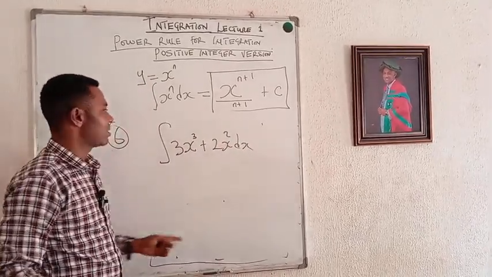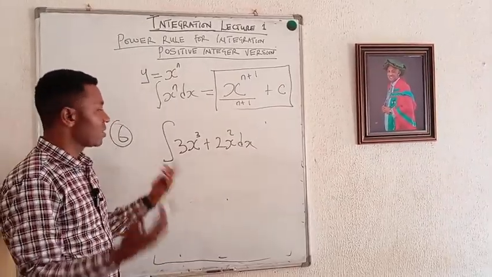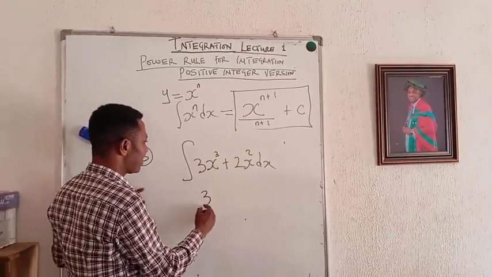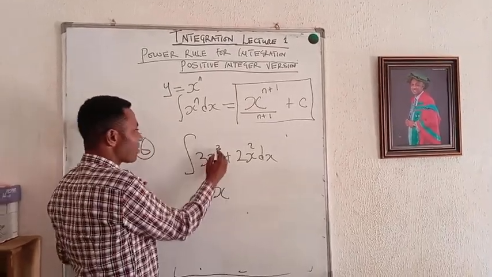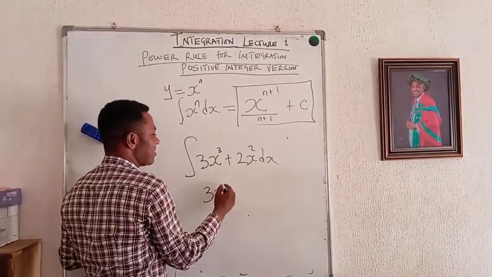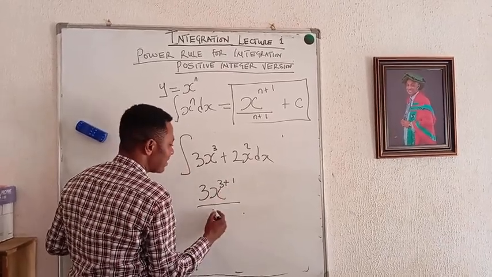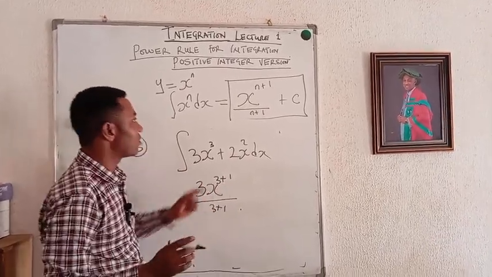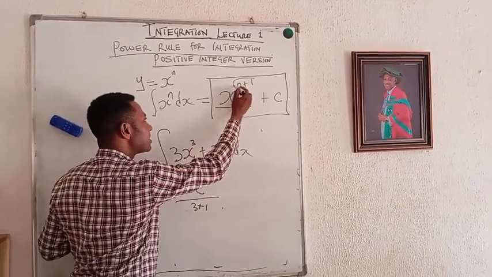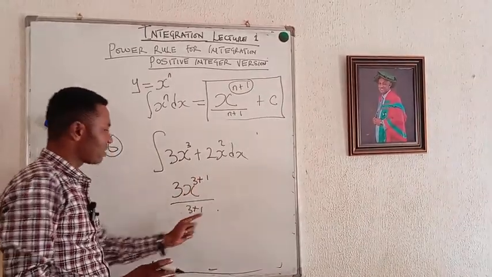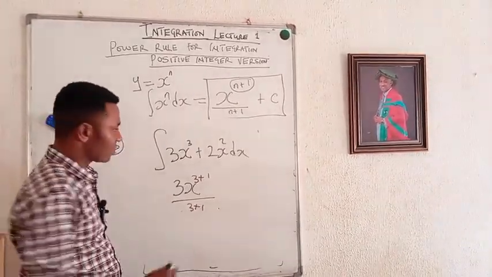So I'm going to solve this one and see what we are going to get using the same method. Look at it. When you integrate this, you have 3x. What is the power here? 3. Then 3 plus 1 all over 3 plus 1. Mind you, we just repeat the power plus 1 to be the denominator. That's why I say 3 plus 1 is taken to be the denominator.